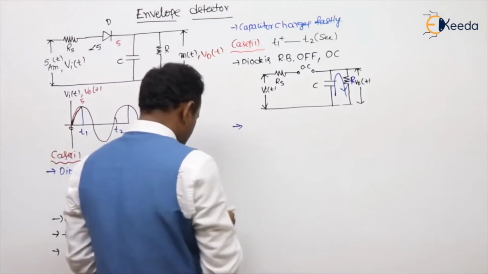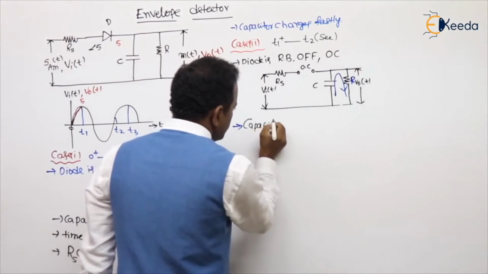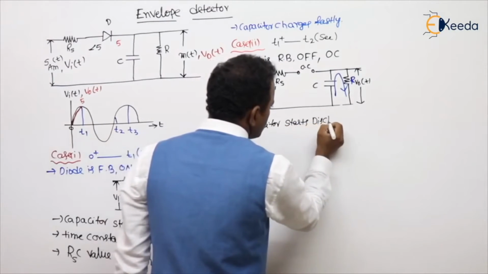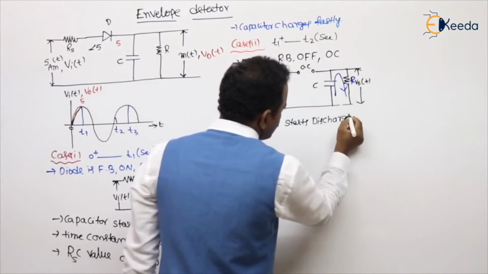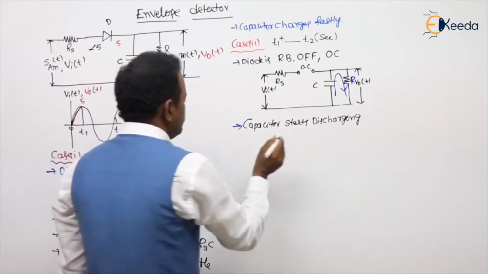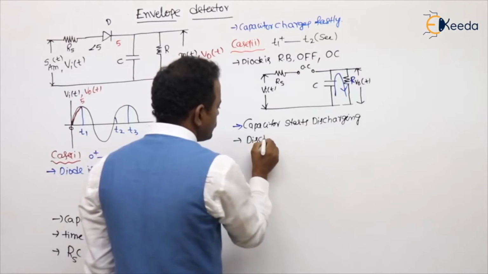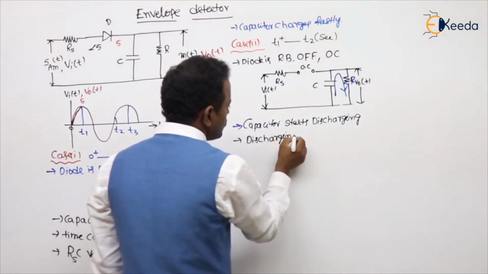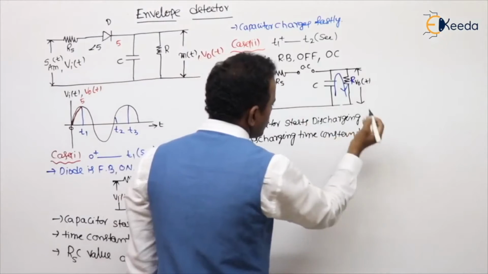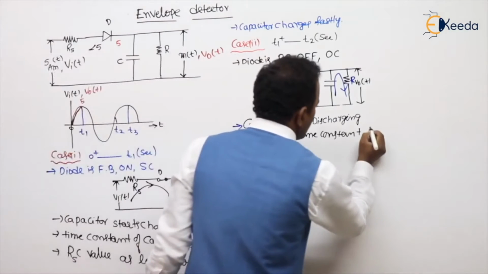So I can say here the capacitor starts discharging. Are you getting my point or not? Then what is the discharging time constant? It is discharging through R, so I can say RC.